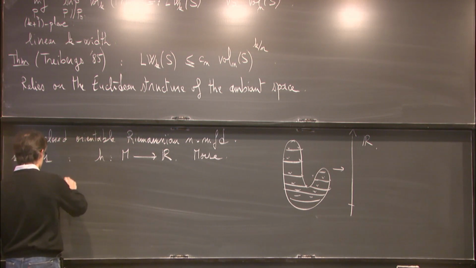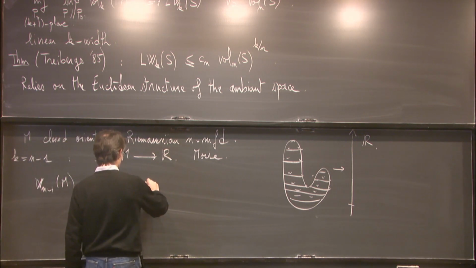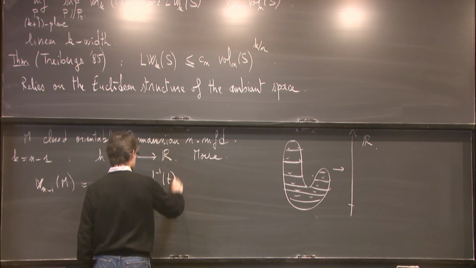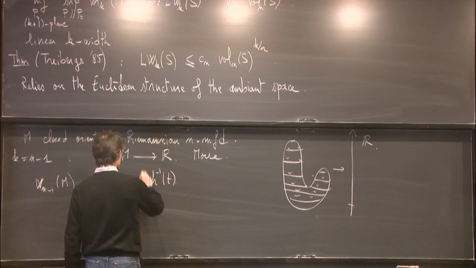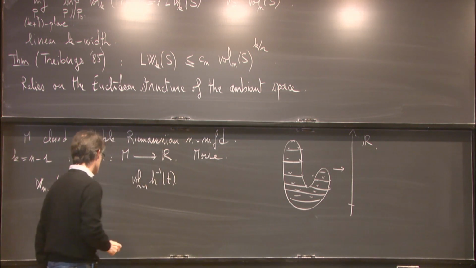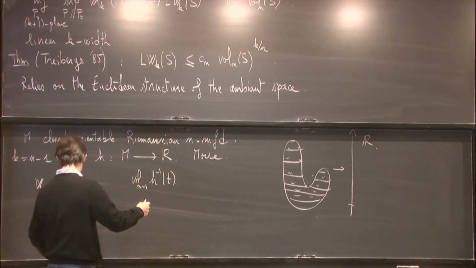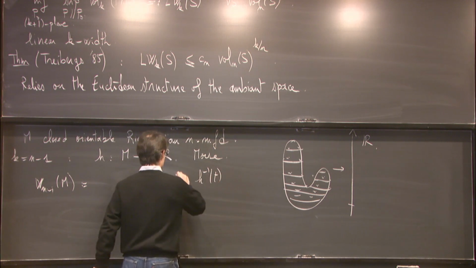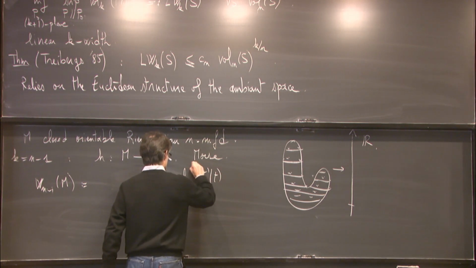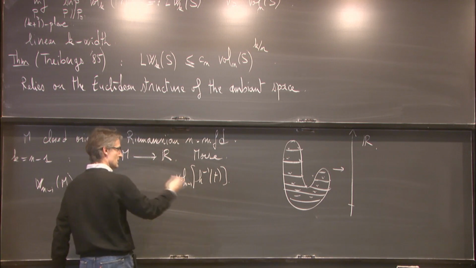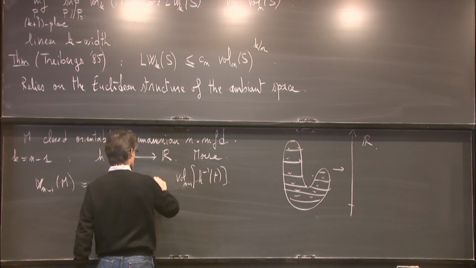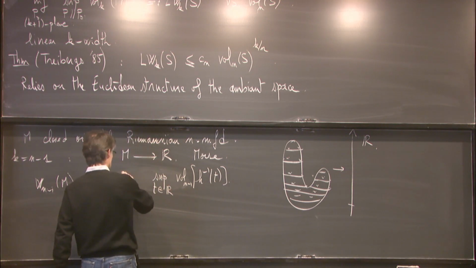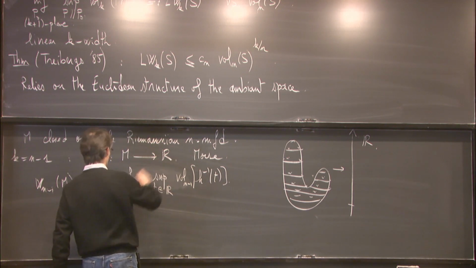And so you define the (n-1)-width of M in kind of the same way. You look at the level sets, you take the (n-1)-dimensional volume, you take the supremum over t, and then you take the infimum over all Morse functions.